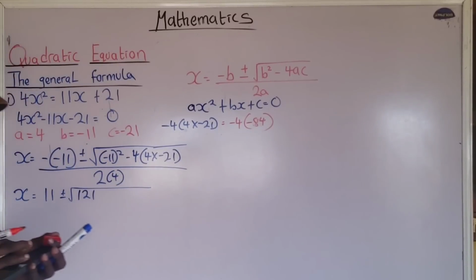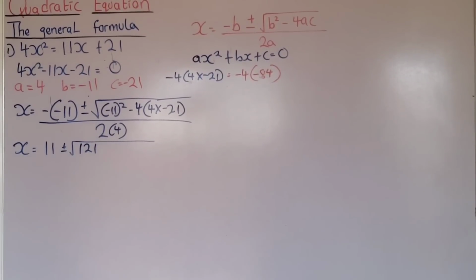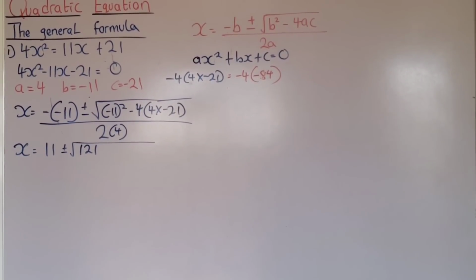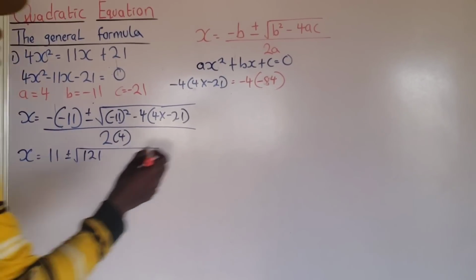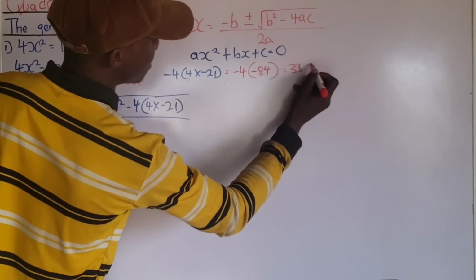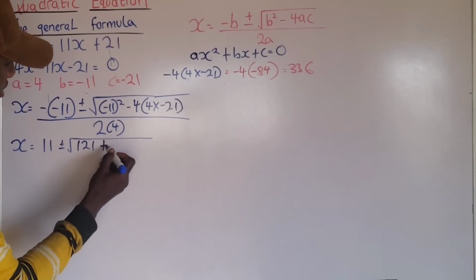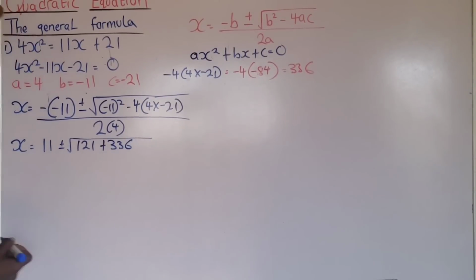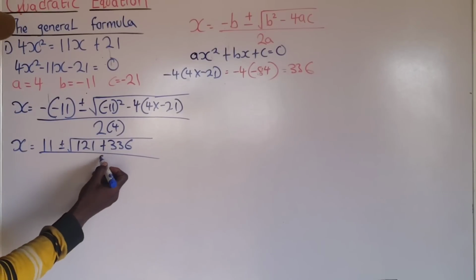Now negative 84 multiplied by negative 4 will give us 336. You understand? So for this I'm going to have the square root of 121 plus 336, all over 2 multiplied by 4, which is 8.